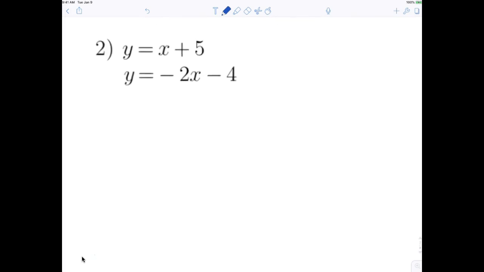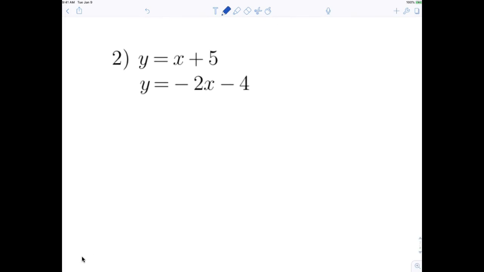All right, now watch, please, real carefully. It's super, super easy. A substitution means that I'm substituting in for one equation the other equation. And what I mean by that is, look right here. Y equals what? X plus 5.